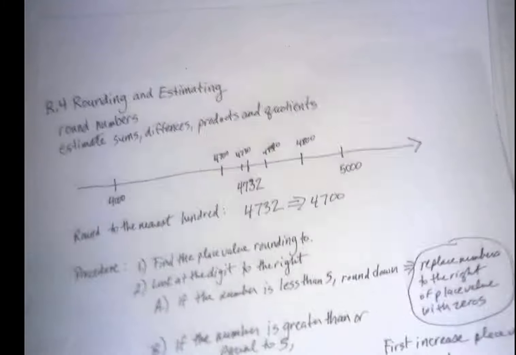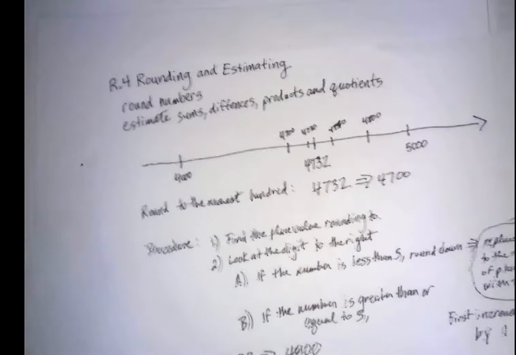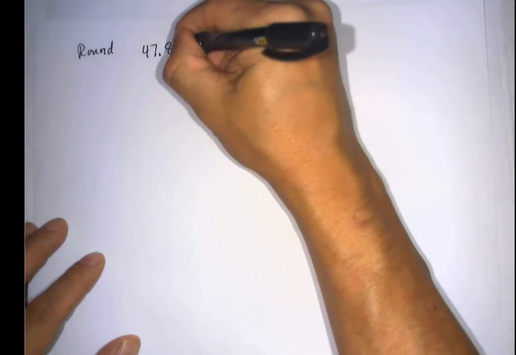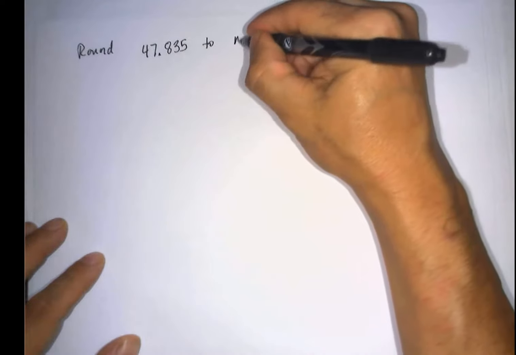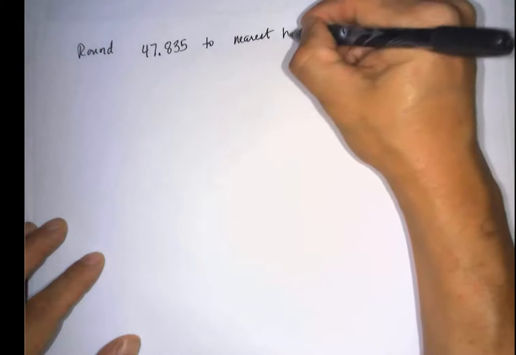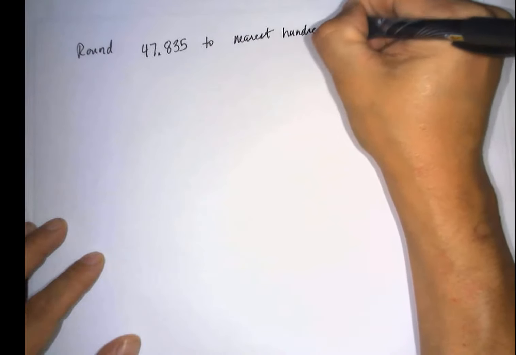What about decimals? Let's do a decimal before we get on. Let's round 47 and 835 thousandths to the nearest hundredth. Okay.